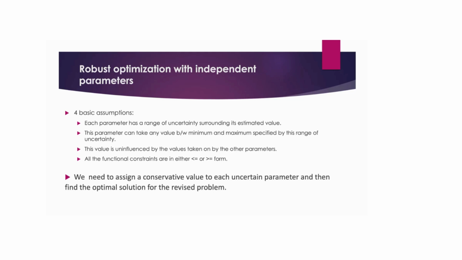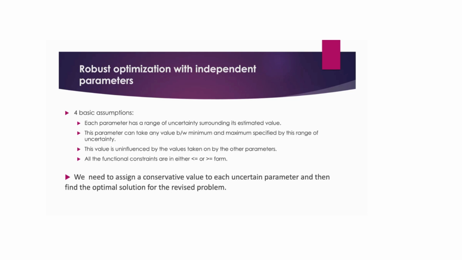So the four basic assumptions are: each parameter has a range of uncertainty surrounding its value. This parameter can take any value between the minimum and maximum specified by this range of uncertainty. These values are not influenced by the values taken on by the other parameters. And all the functional constraints are in either less than or equal or greater than or equal form.